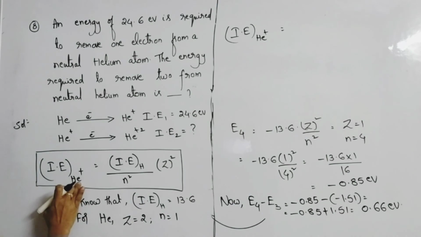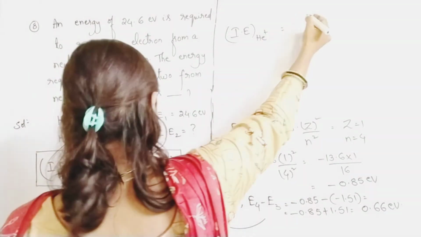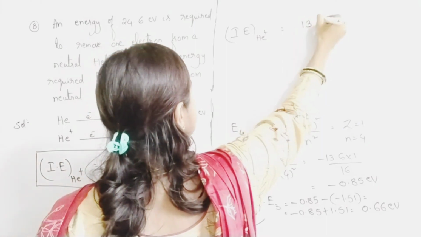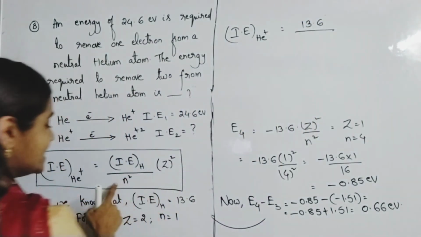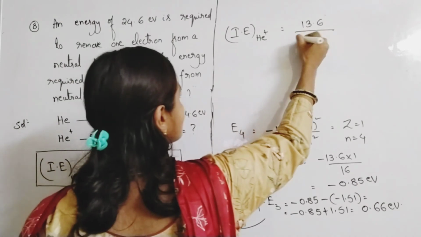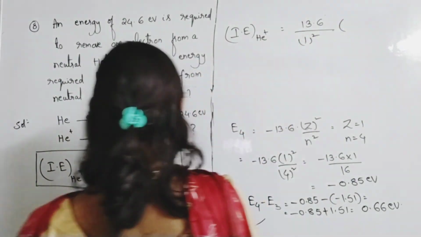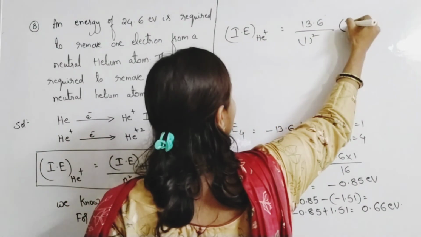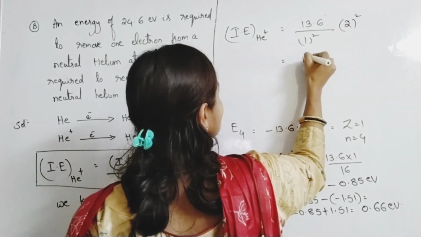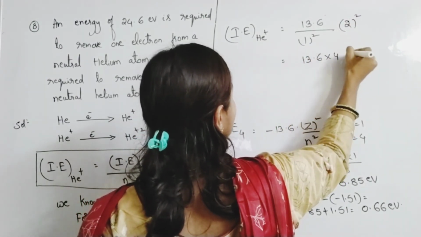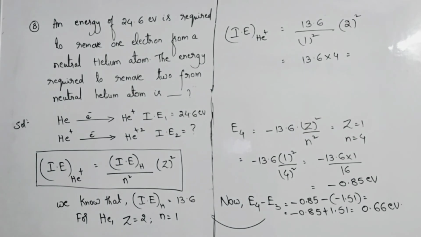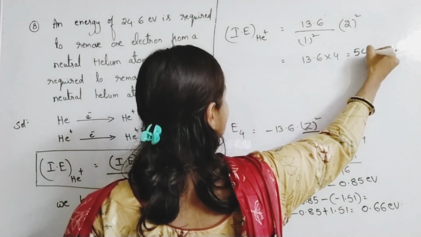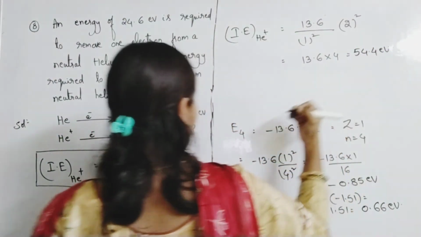That will become your second ionization energy, H like species. So 13.6 by N square value means 1 square into Z square value means 2 square. So 13.6 into 4. That means how much value you will be getting? 13.6 into 4 is equal to 54.4 electron volts.